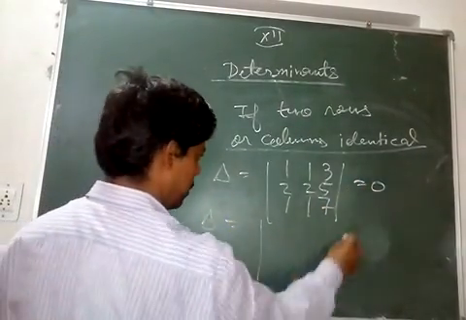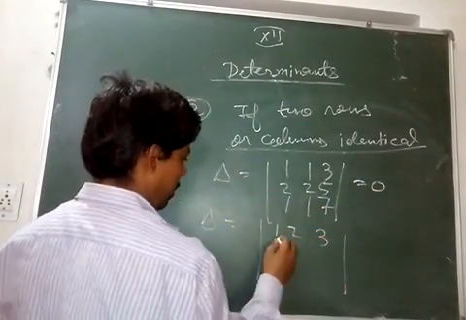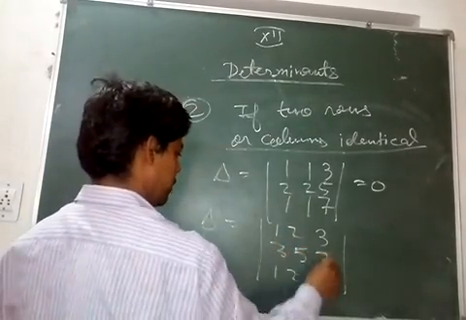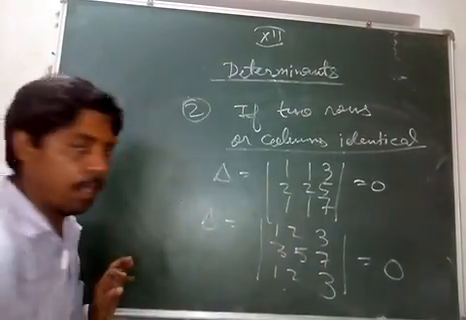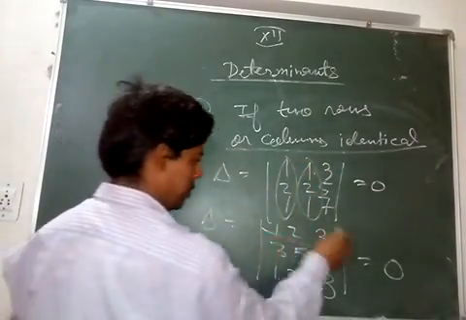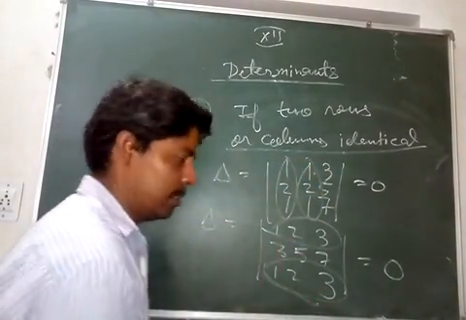Similarly, if you have delta 1 2 3 and here also 1 2 3, two rows are same, whatever is here, this is also 0, because here these two rows are same and here these two columns are same. So these are two properties.